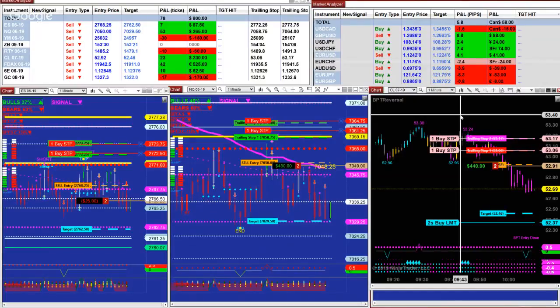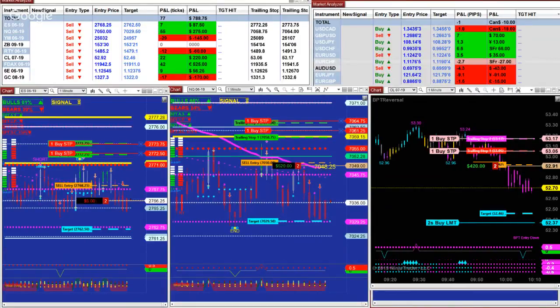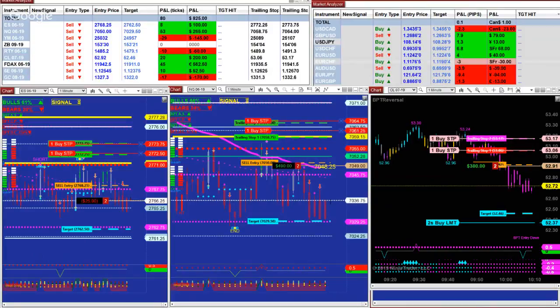Because of the FOMC, you see this chop in the market, but we will wait a few minutes so the market can take direction, and then we take it from there.